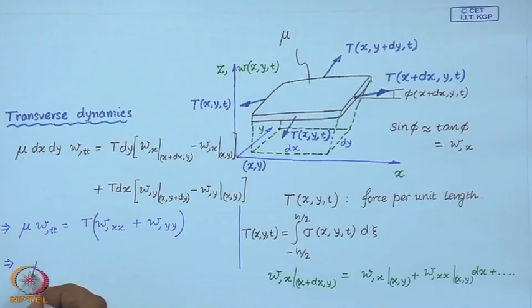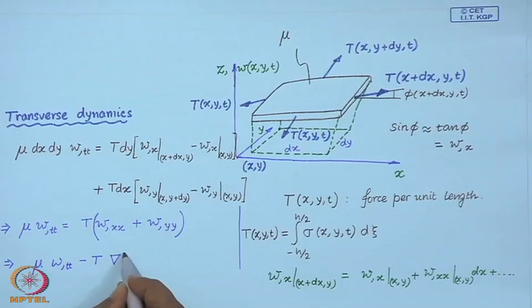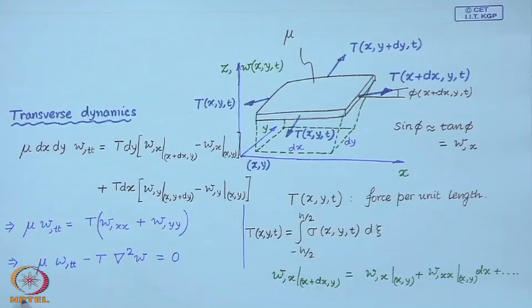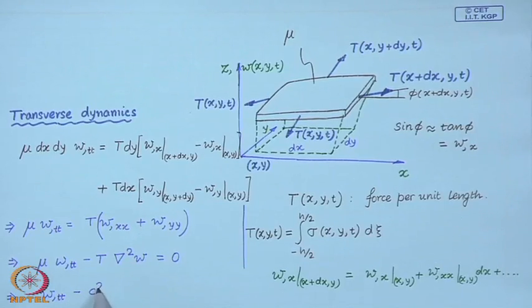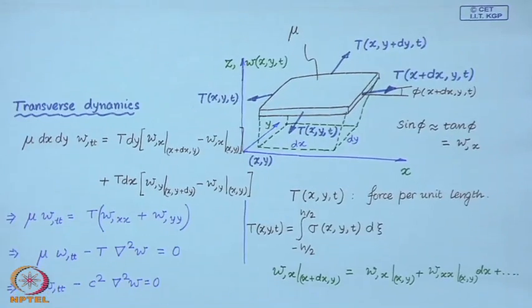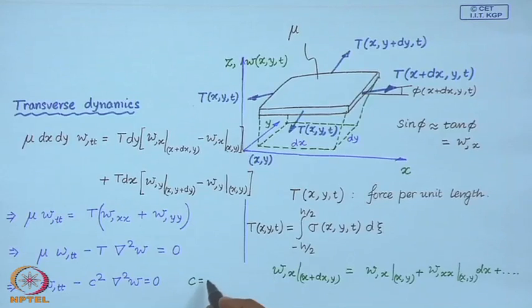So, that implies, now this is the Laplacian of w. And this can also be written as, where this C, once again looking at the structure of this equation and the dimension of this quantity, has a dimension of speed.